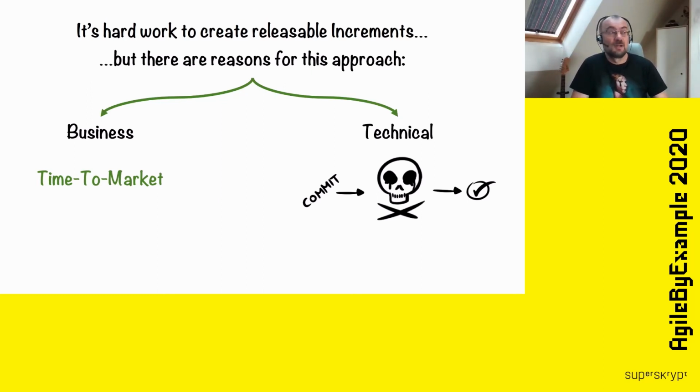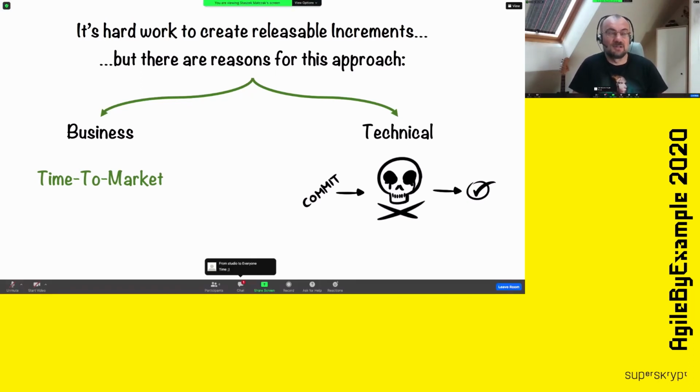I saw a situation where the phase of regression testing and preparing a system for deployment to customers took 2 years. And you can imagine how frustrated the organization was, being in the regression testing phase for 2 years.